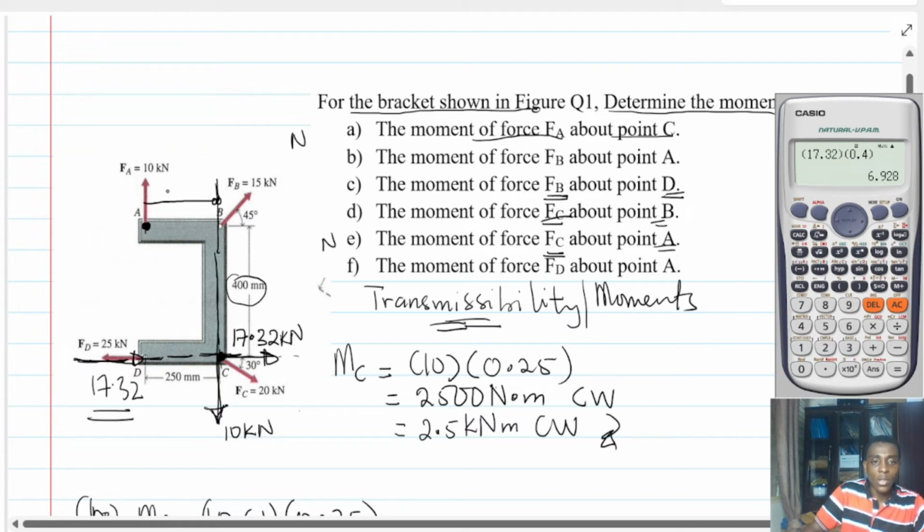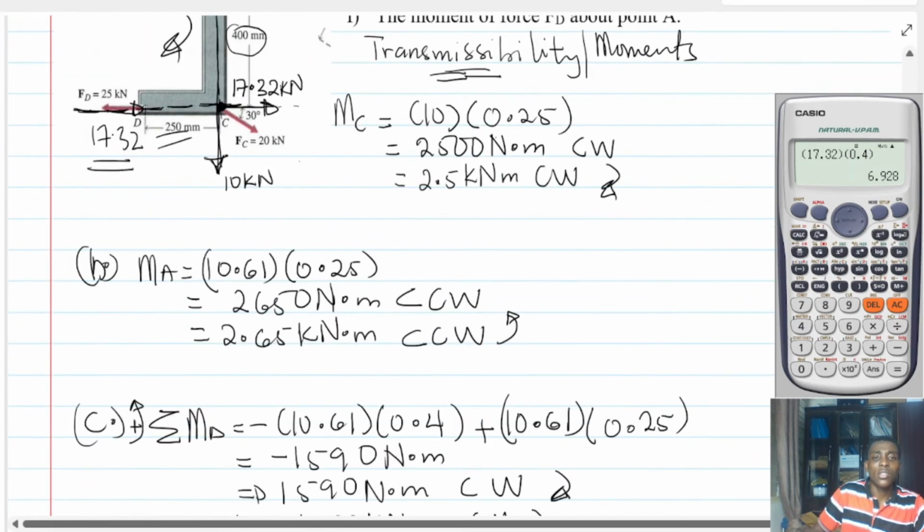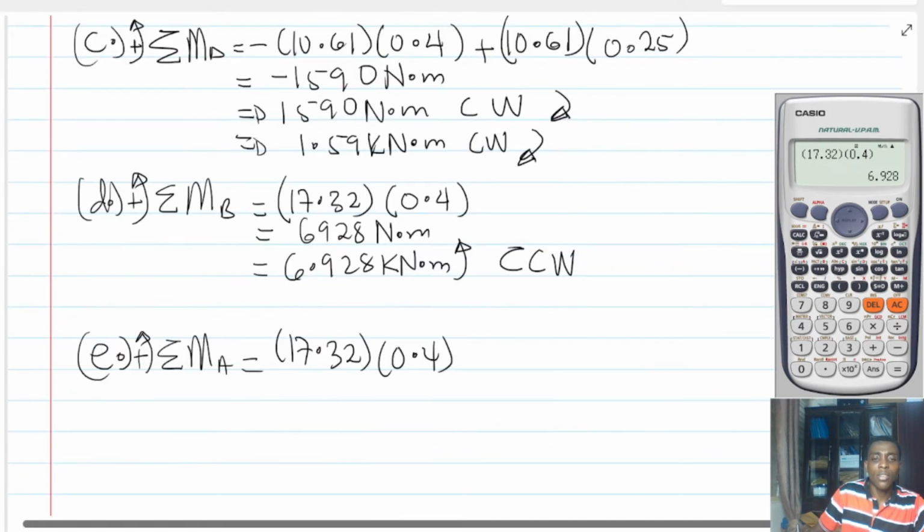And this distance is 0.25 or 250 mm. So 10 and then 0.25. But the moment about this is going to cause some rotation in that sense, and that sense is clockwise. So 10 times 0.25, and then I will negate it. Is that right? Because it's clockwise.